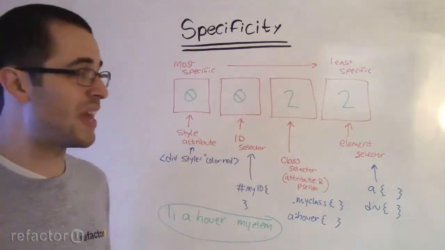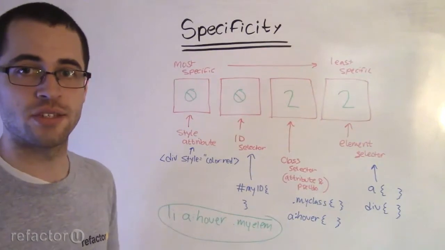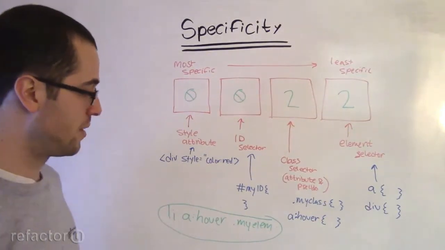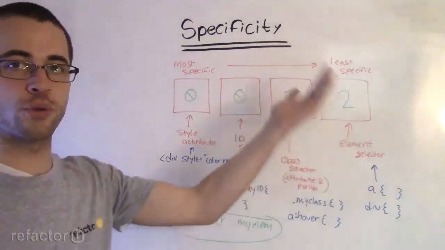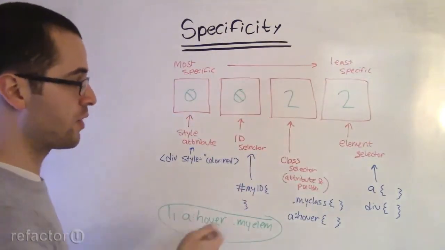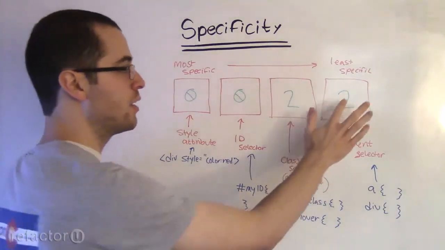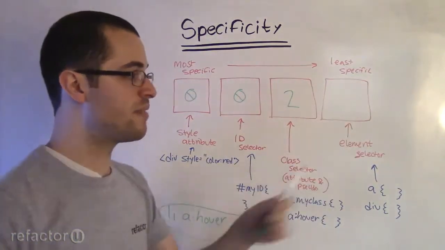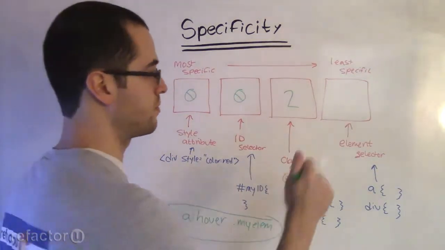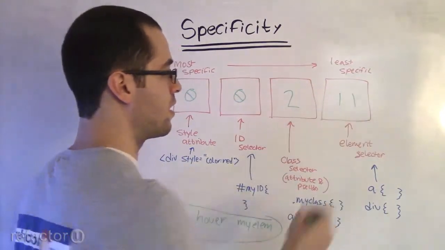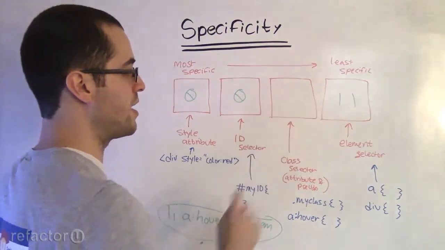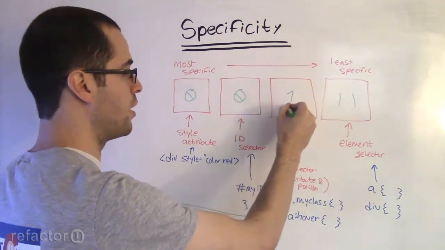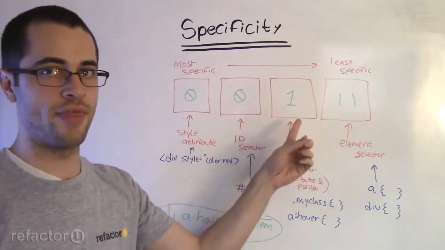Now this isn't a base 10 system. So when we add these numbers, when we increase these values, we can't override another section. For example, if maybe we say we have 11 element selectors in this one, that simply becomes an 11. It won't override something that has a class selector of 1. This will not override that.